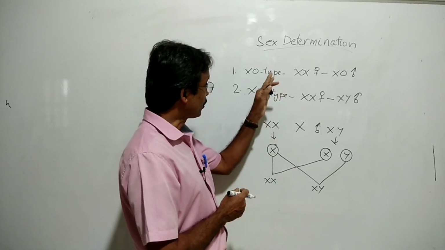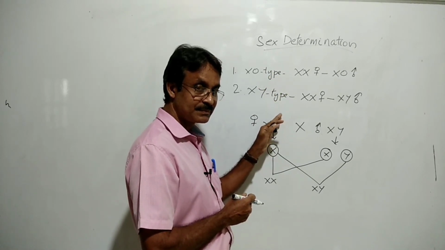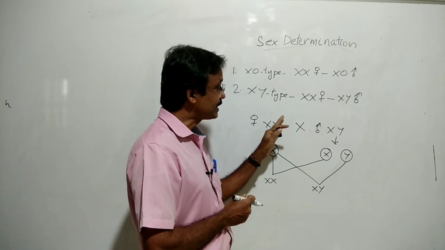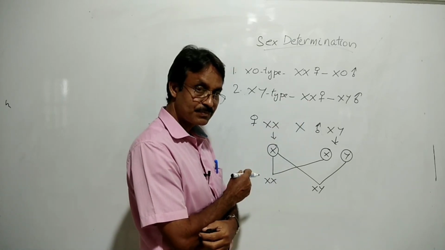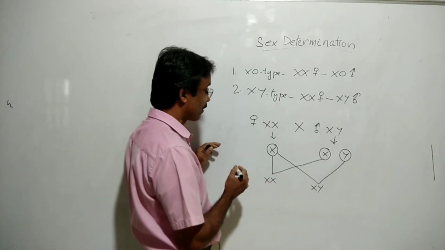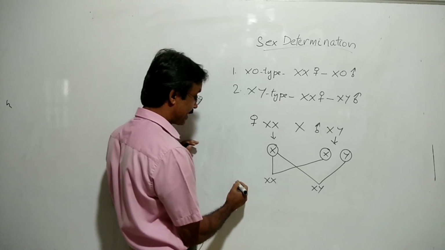So in both the first and second type, males are producing two types of sperms or gametes. So this phenomenon is called male heterogamity.